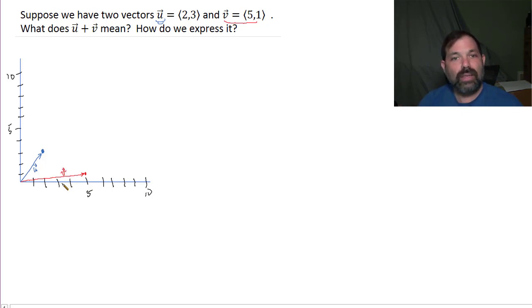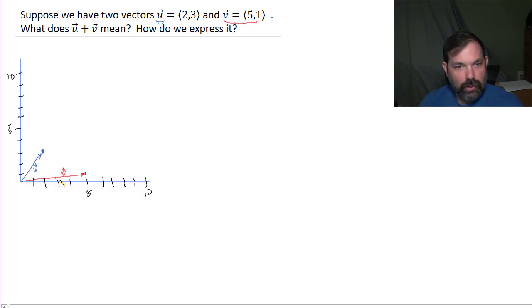All right, so what does u plus v mean? Addition of vectors says basically, take one vector, in this case I'll take the v vector, and move its initial point to the terminal point of the other vector.